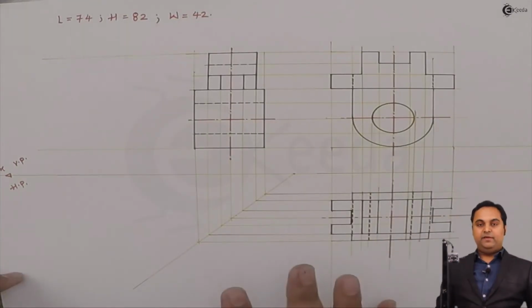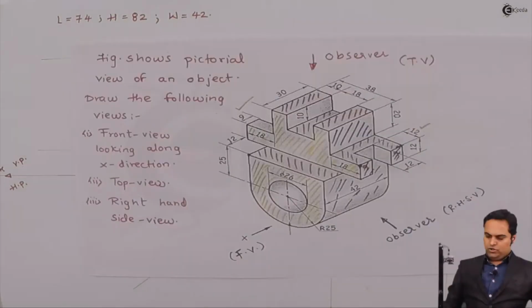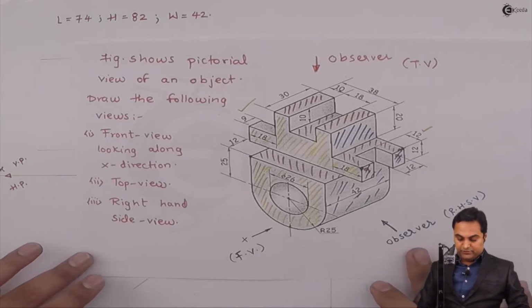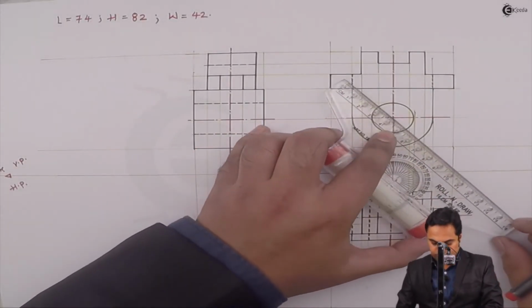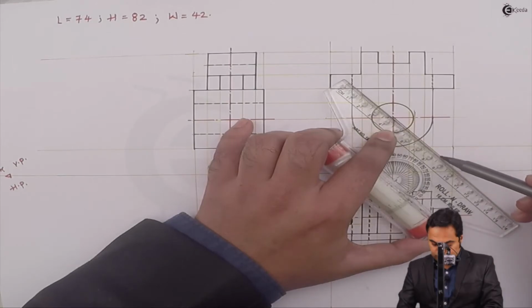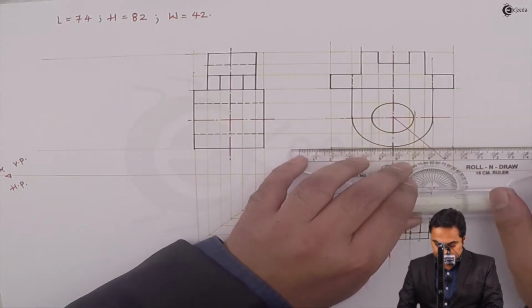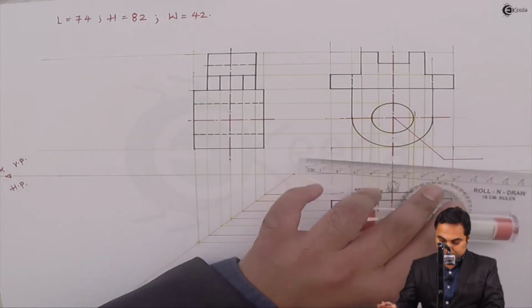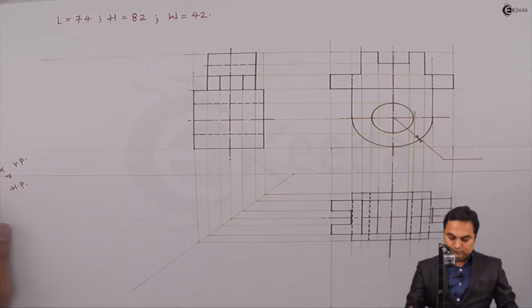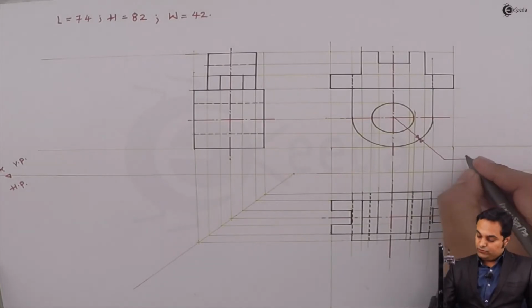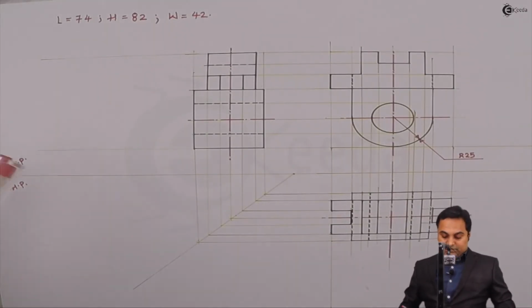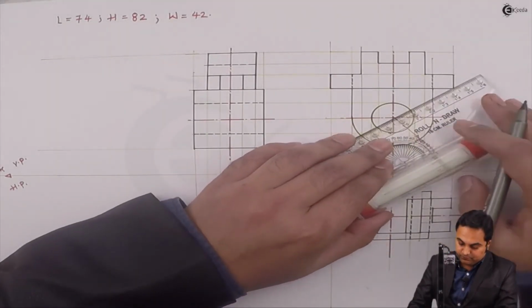Finally I will be giving the dimensions to this problem, starting with the front view. This outer radius is 25 mm. Then the diameter of the circle is 26 mm.